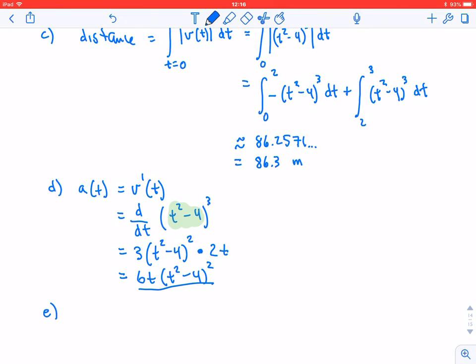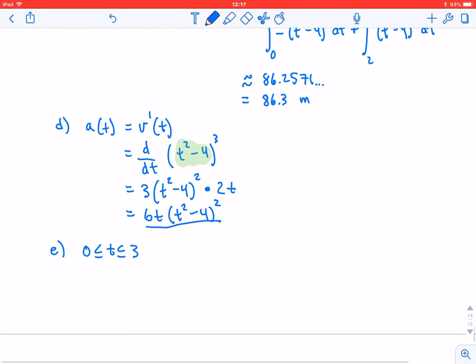You could show potentially that over the interval, because remember we are looking at this interval 0 is less than or equal to t, which is less than or equal to 3, one thing you could do is use the graphs to decide where the graphs have the same sign. In order to get that method point, you would need to sketch both of them.